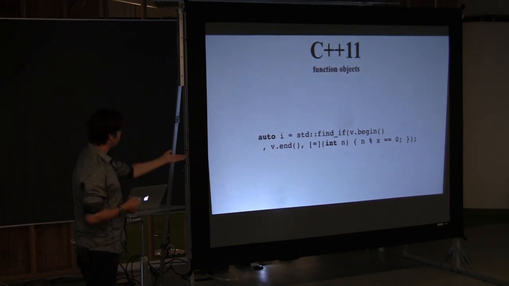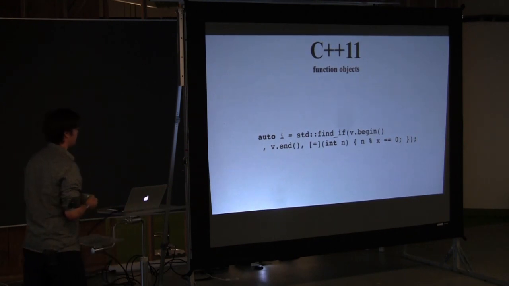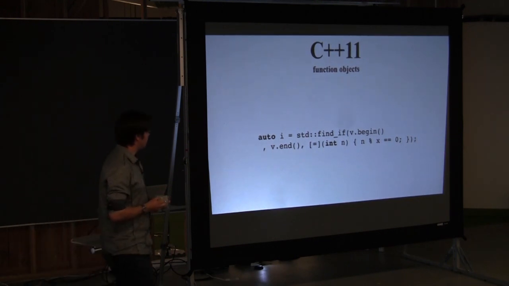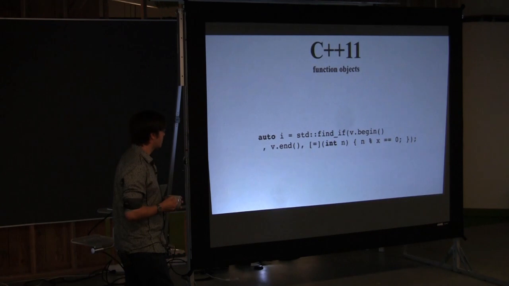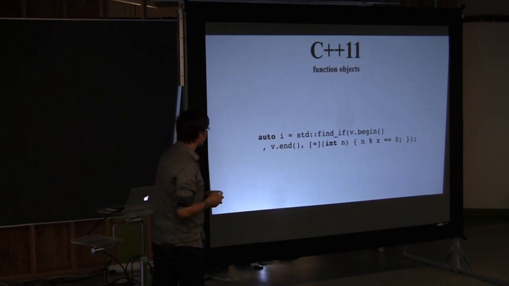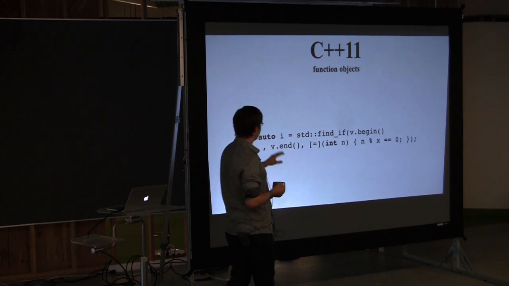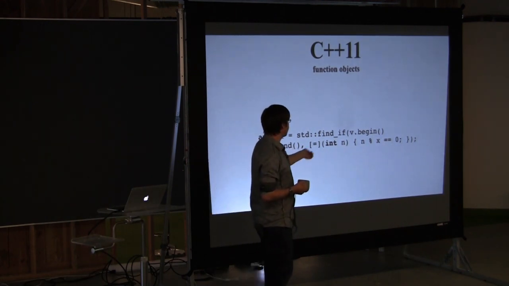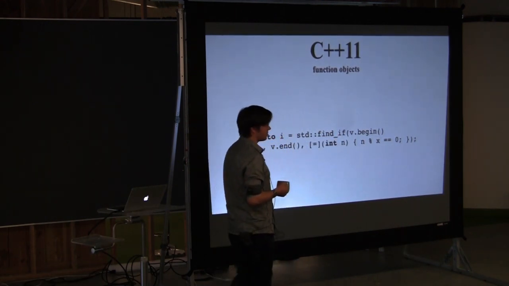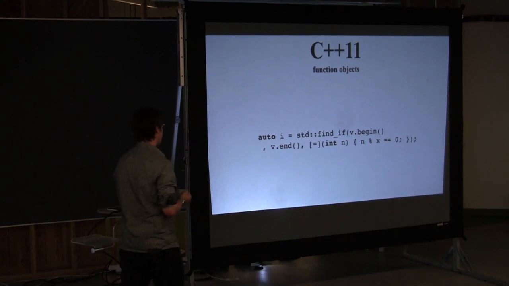You take one argument, int n, and open square bracket, equals, close square bracket is universal for lambda. I'll get into that a little bit, but it means that you want to copy x into this function object instead of taking it by reference.